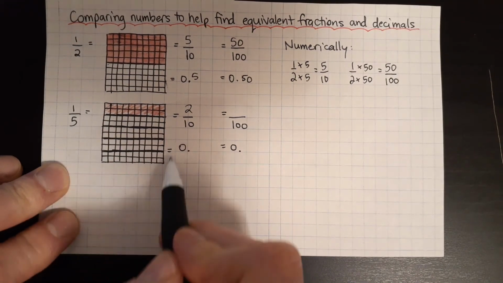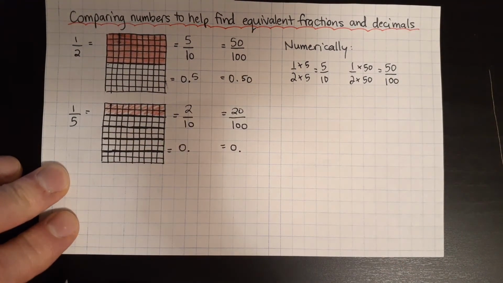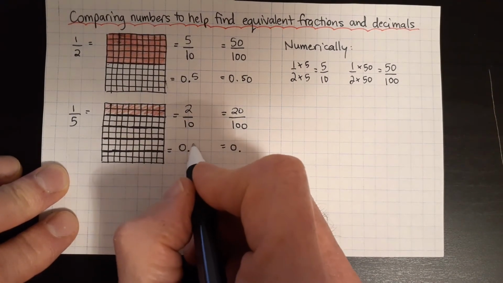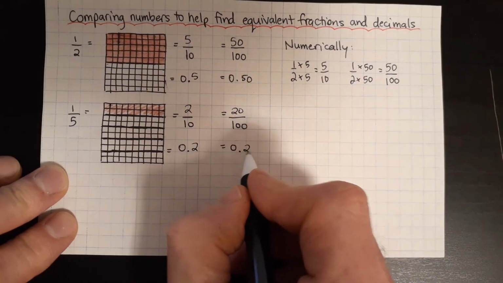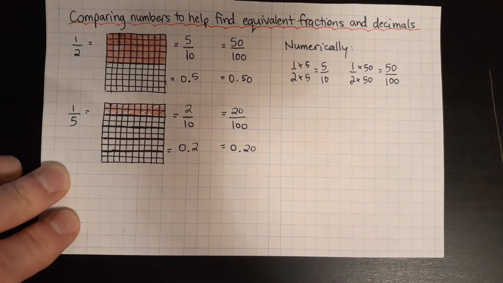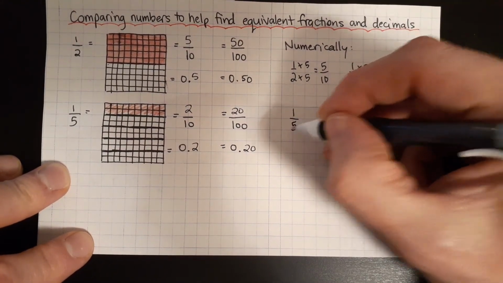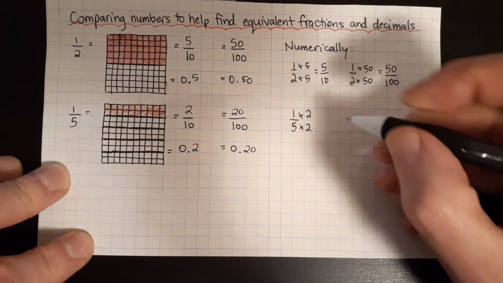And then if I think about it in terms of 100 little squares, I have 20 of those little squares colored in. And then again, my 2/10 is 0.2. And then 20/100 converts to 0.20. Now numerically, to find the equivalent fractions, if I start out with 1/5, I'm going to multiply it by a factor of 2.